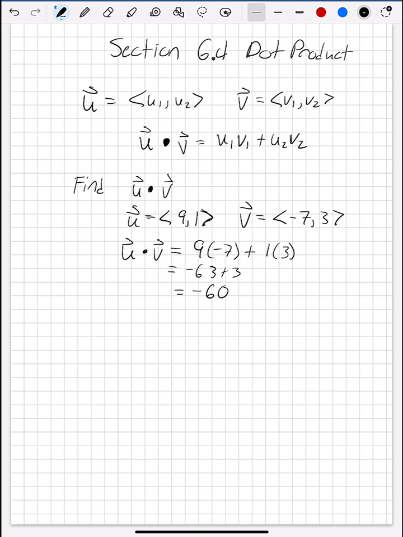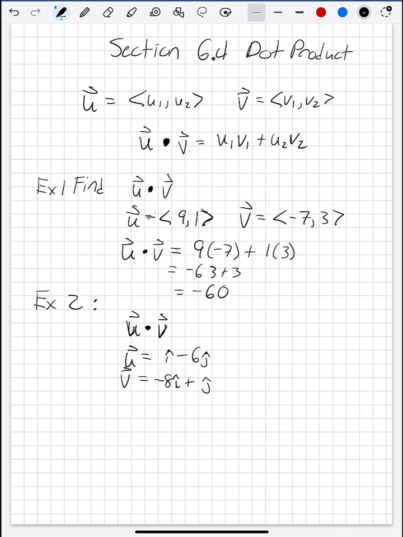Let's look at another one here, and this is a kind of interesting one. Example 2, we're going to find u dot v again, but u is equal to i minus 6j, and v is equal to negative 8i plus j.